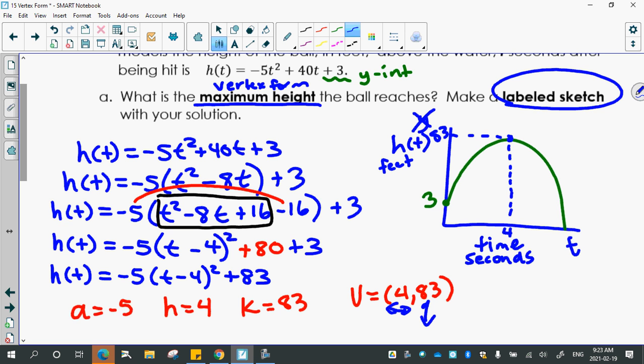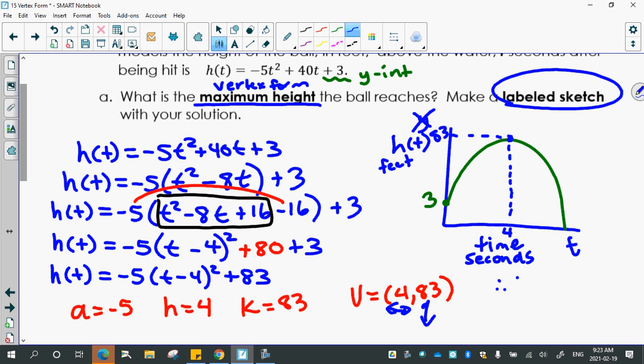Okay, so I have a horizontal coordinate of 4 and a vertical component of 83. Does that make sense? So then the question says, what is the maximum height the ball reaches? So it would be 83 feet.